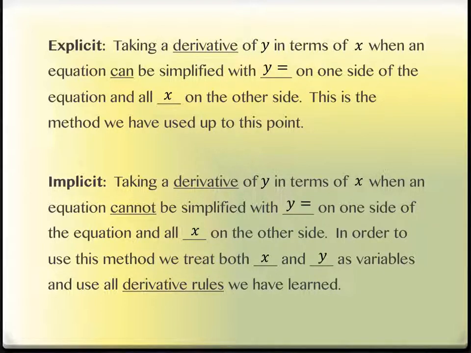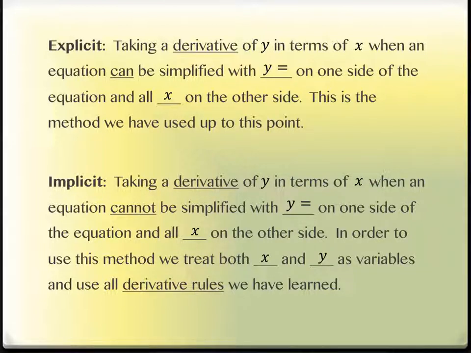So every time I see x, I'm going to treat x like I always have. The catch is that when I see y, I'm going to treat it differently than I have before. It's going to look a little different because it's not going to be all alone by itself. It's going to be multiplied by an x or divided by an x cubed or something like that. And so we're going to have to treat it differently because it's involved in the differentiation.